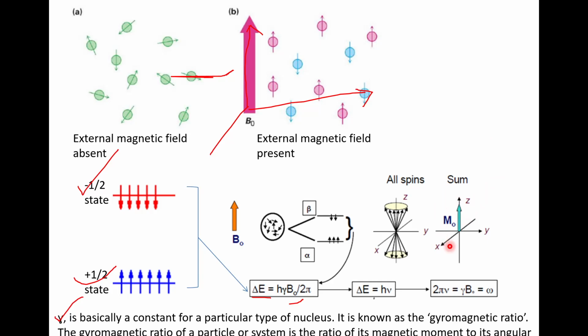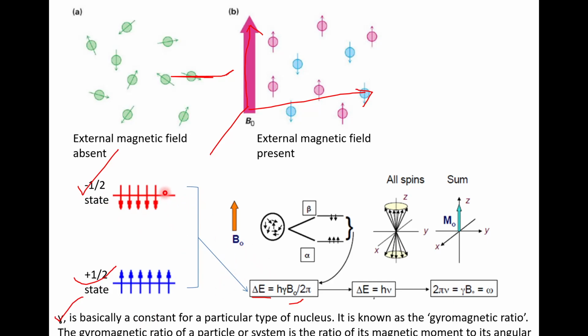Now for the z component, since your external magnetic field is aligned with the z direction, this magnetic moment will point directly in the z direction, and in the x and y directions it will cancel out one another and be zero, because only in the z direction do you have some difference in the nuclei.